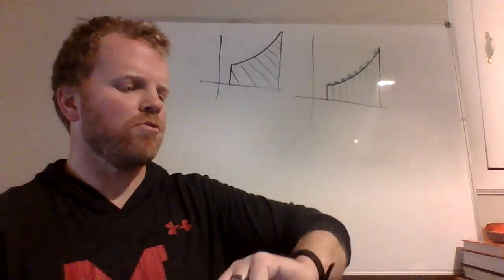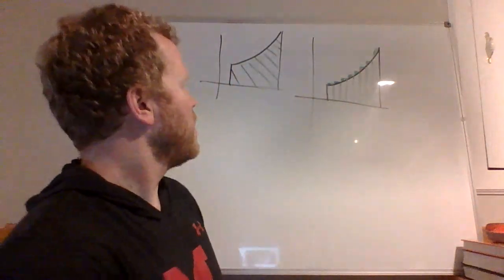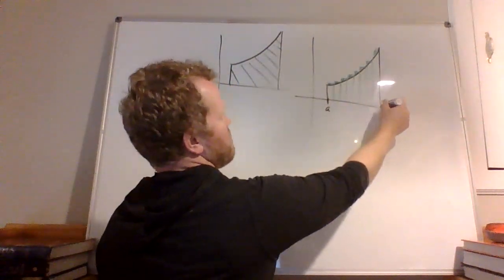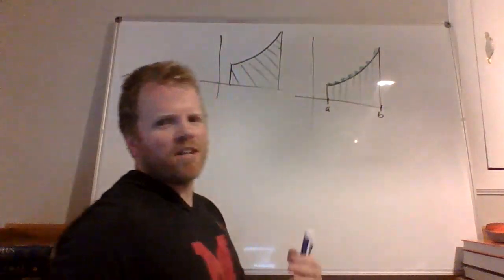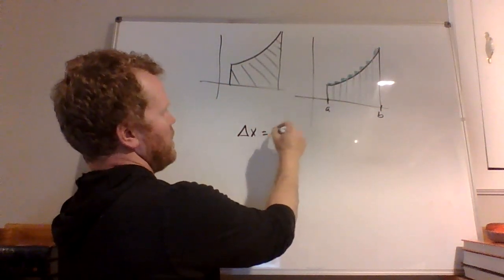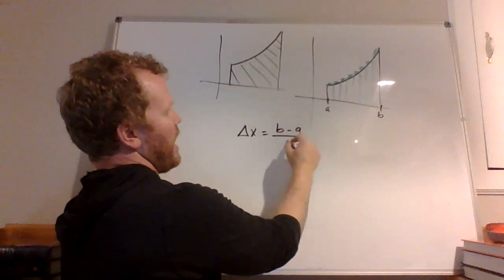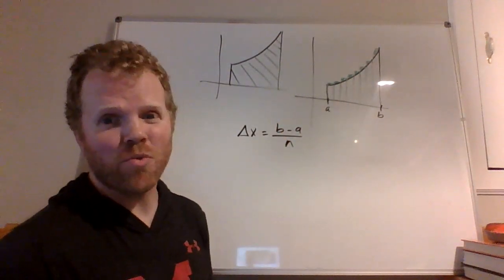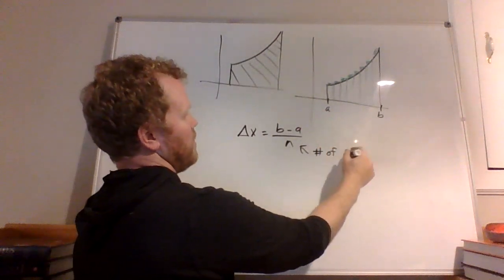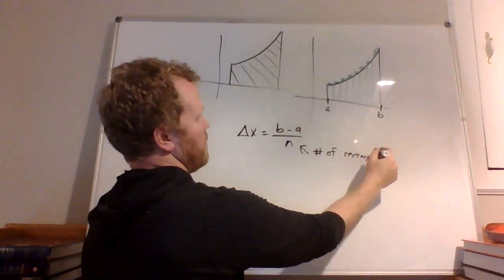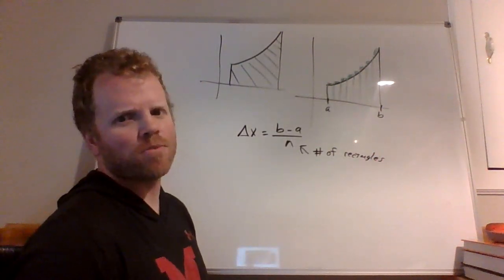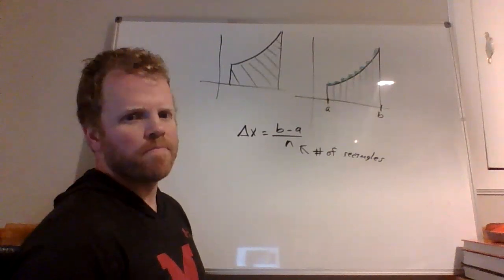So here's how our new definition is going to work. If I want to find the area from a to b, what we did in those first couple Riemann sum examples is we said delta x is (b minus a) over n. N is how many rectangles you want to cram in there, so that's the number of rectangles. B minus a is the total space where we're finding those rectangles.